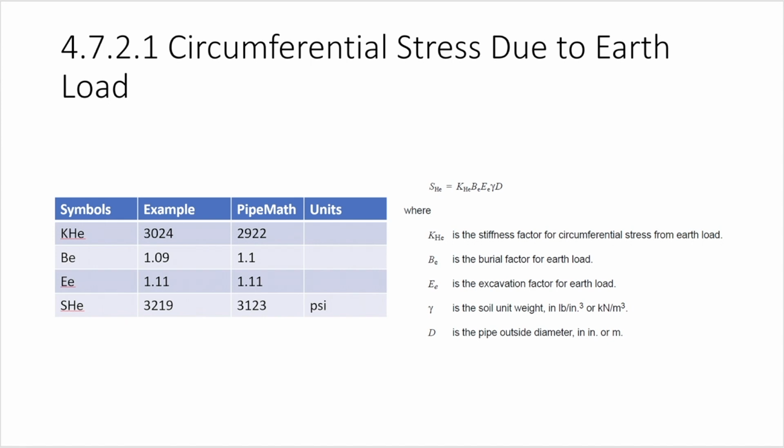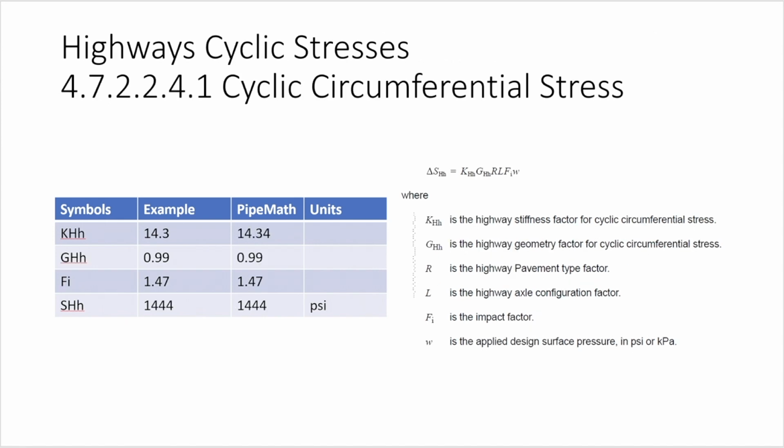And you can see stiffness factor, burial factor, and excavation factor. The values are fairly comparable or almost the same. And finally, the circumferential stress calculated by PipeMath is 3123 psi, which is fairly close to the number presented in API.